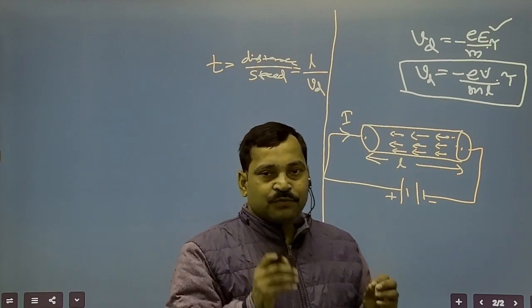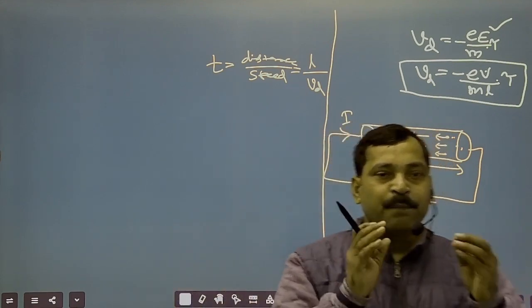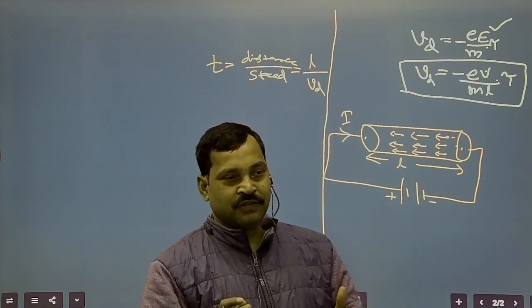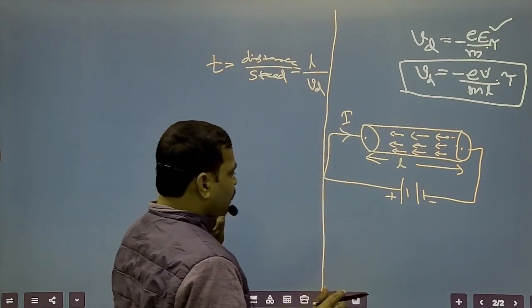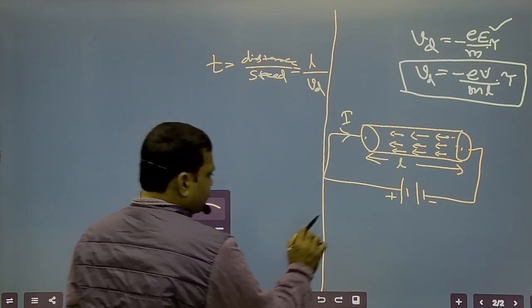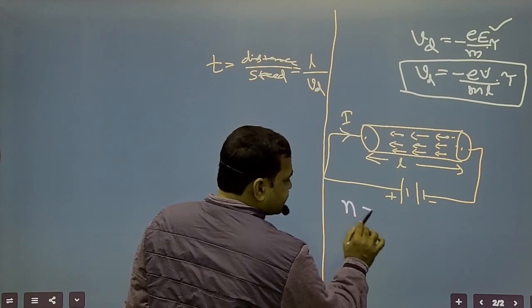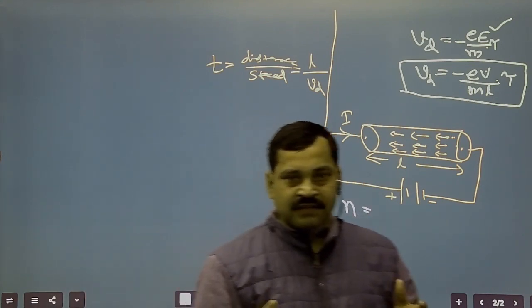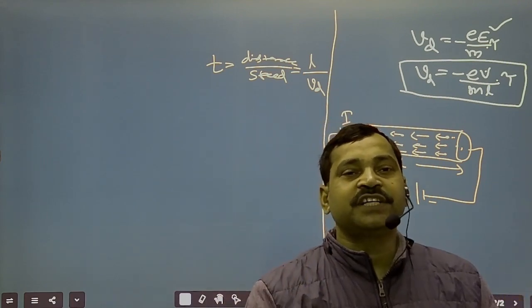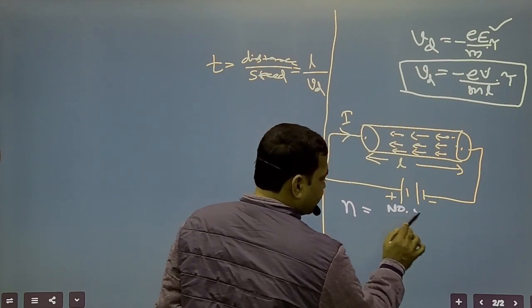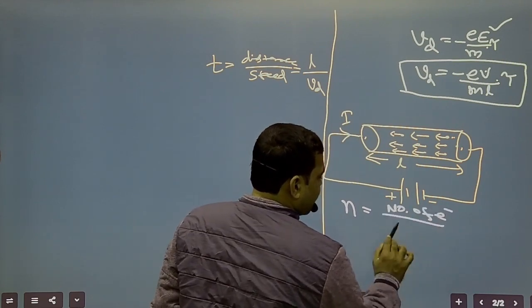So now we have to find out the number of electrons present inside the conductor. So for this, let the electron concentration be small n. You know what is electron concentration? The number of electrons per unit volume. So small n is equal to the number of electrons per volume.